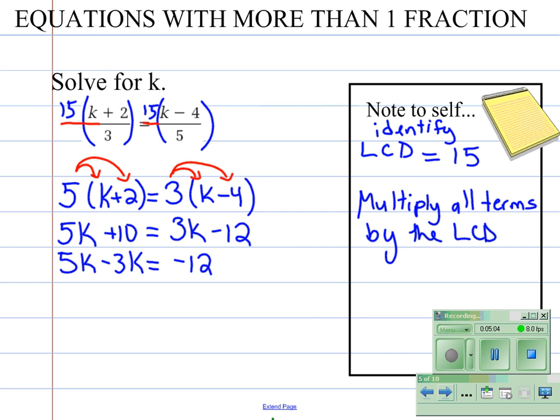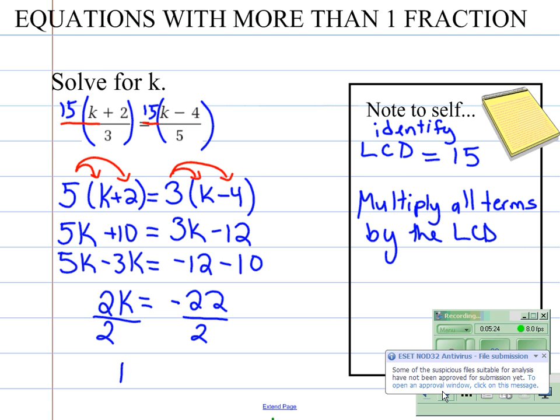We already have a negative 12. We're going to move the 10, it also becomes negative. We're going to simplify. 5k minus 3k is 2k. We're going to simplify negative 12 minus 10 more is negative 22. Divide by the coefficient. And we have k equals negative 11.